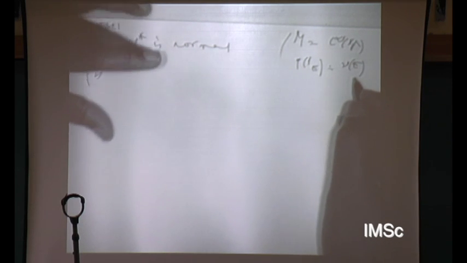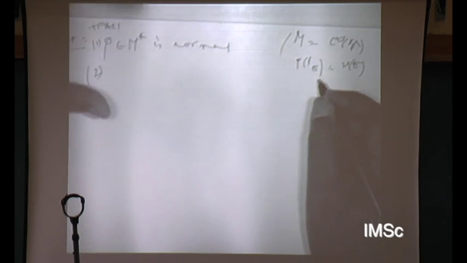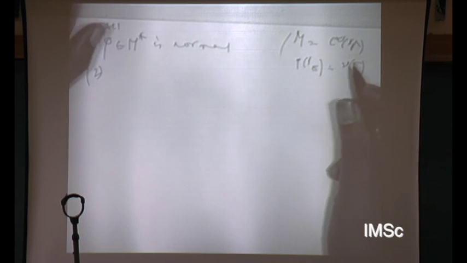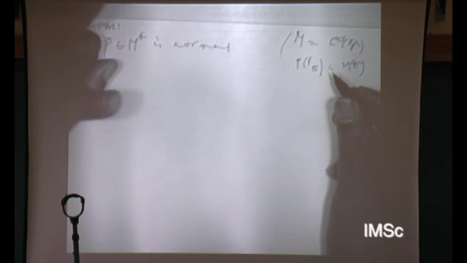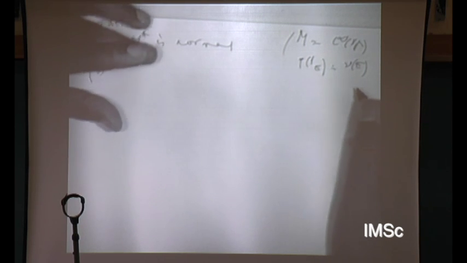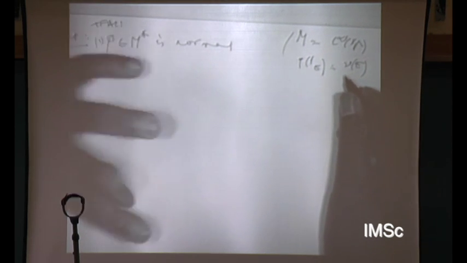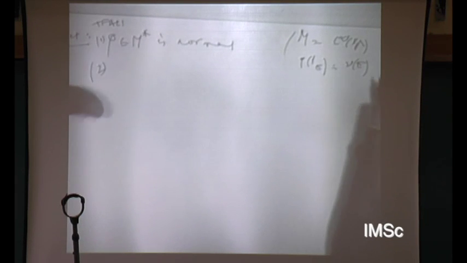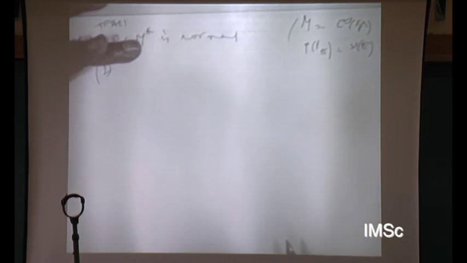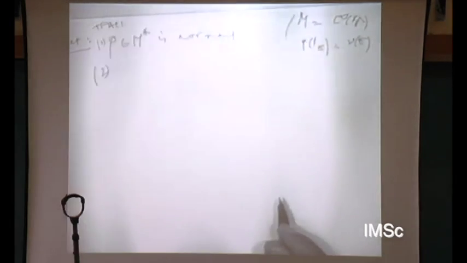So what does it mean to say that nu is linear? If E and F are disjoint, then 1 of E union F is 1E plus 1F. That means nu is finitely additive. To say phi is in M upper star will say that nu is finitely additive.